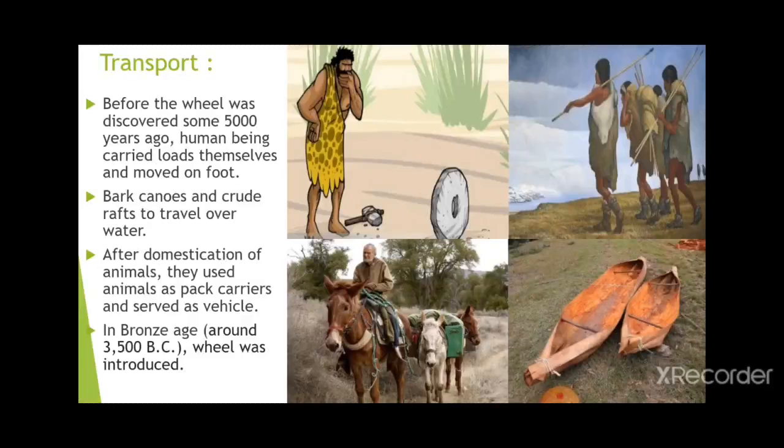But when the wheel was introduced, they started carrying products using carts by themselves. And when they started the domestication of animals, that also helped, after the invention of the wheel, to carry products using animals. So this is the starting of the transport system from ancient times.